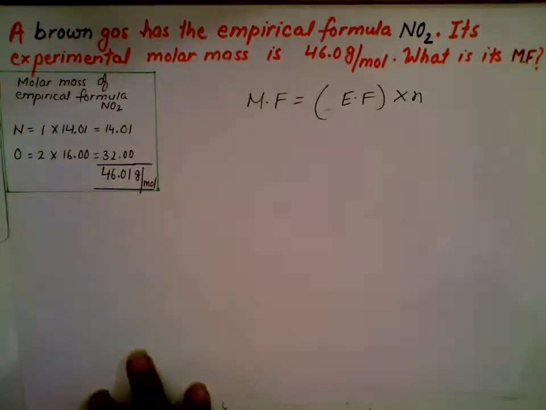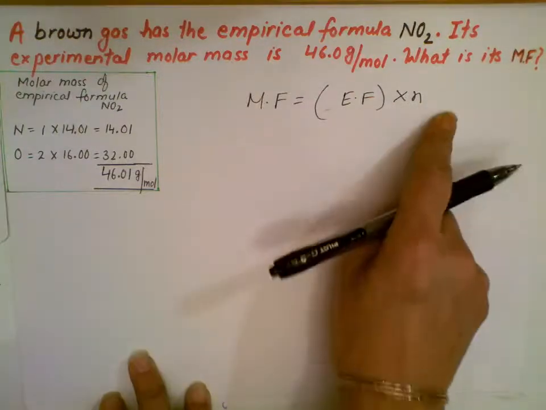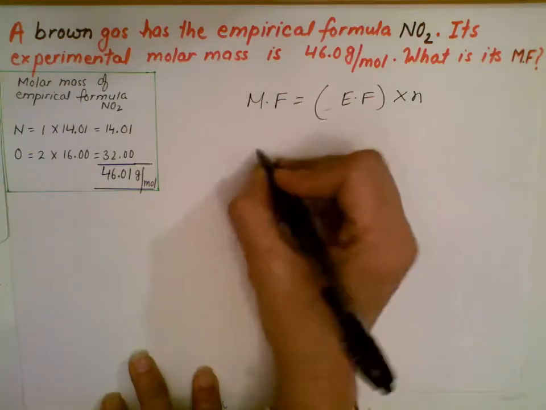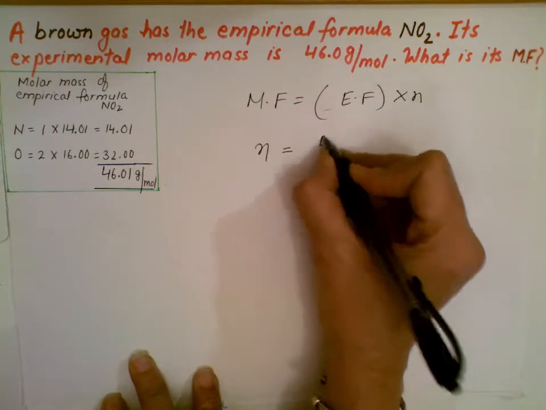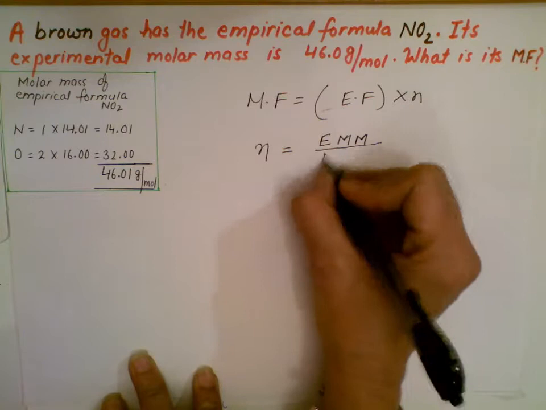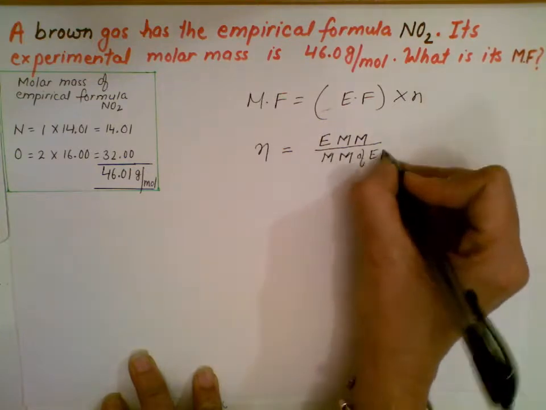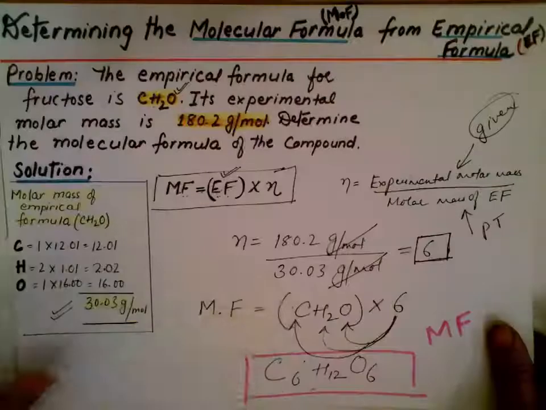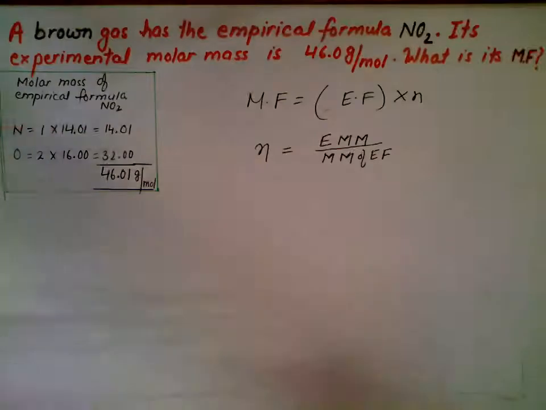You multiply the empirical formula by factor n to get the molecular formula. To find n, it is the experimental molar mass divided by the molar mass of the empirical formula. If you forget, you can refer here.